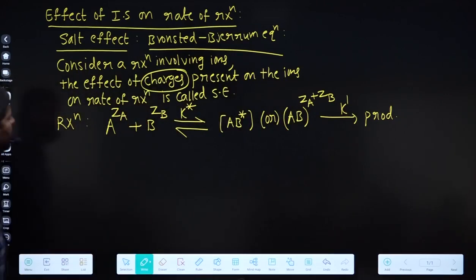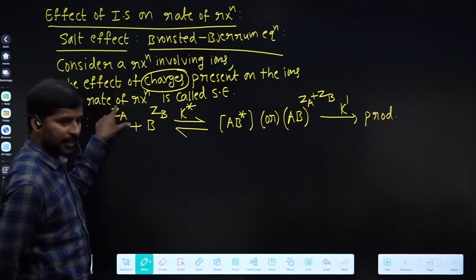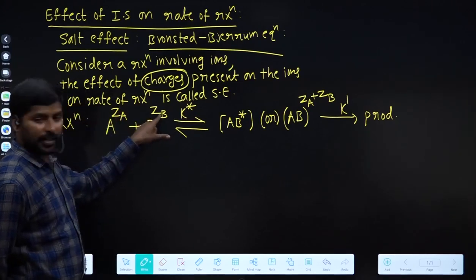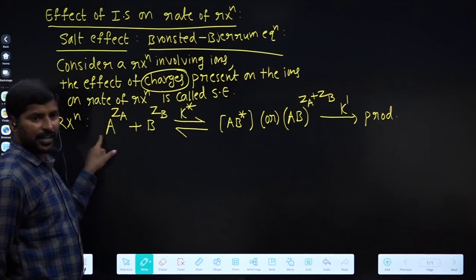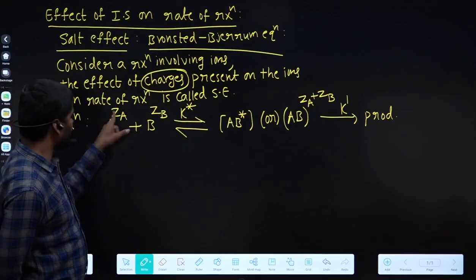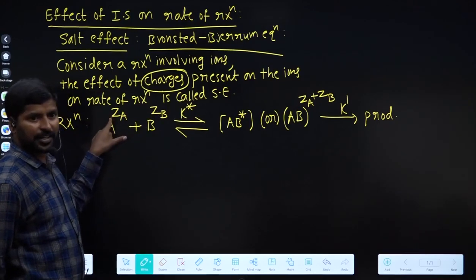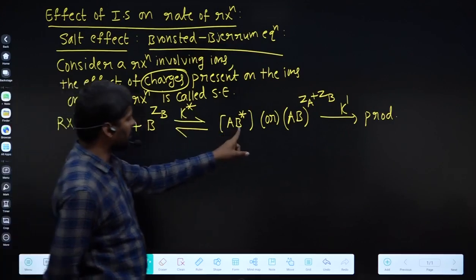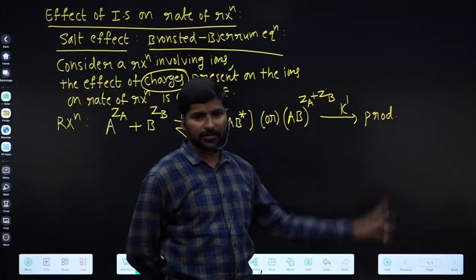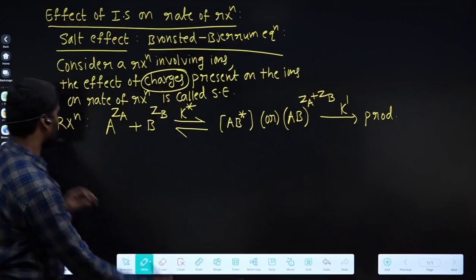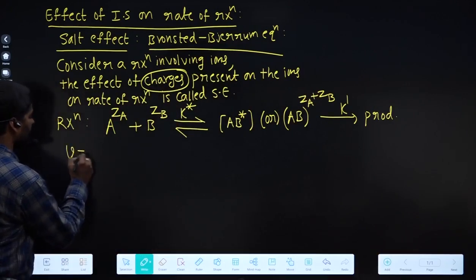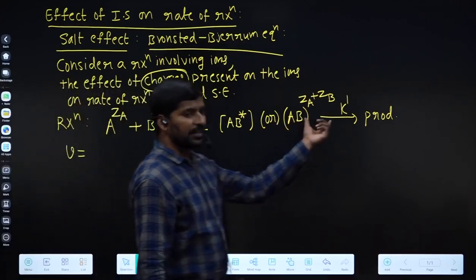To explain the effect of charges on rate of reaction, we consider a reaction involving ions with their charges indicated as ZA, ZB. The total charge of the activated complex is ZA plus ZB. Now what about the rate of product formation? Product formation occurs in the second step.